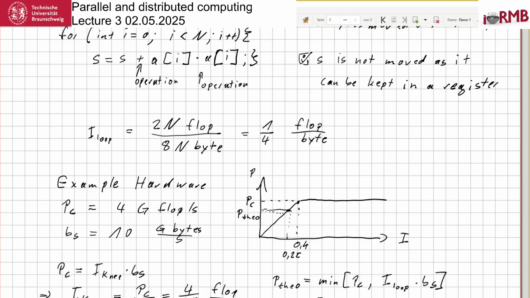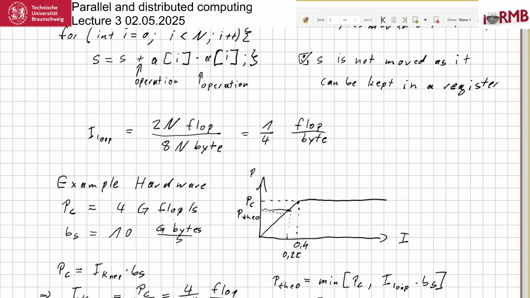As we identified, P_C is 4 gigaflops per second, and the other one is 10.